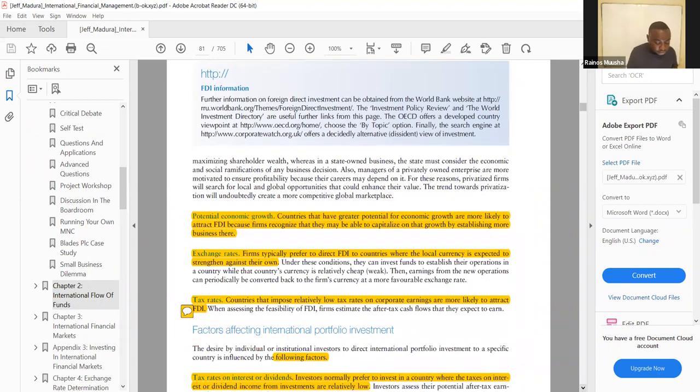Then we'll also look at potential economic growth. And here they say, countries that have greater potential for economic growth are more likely to attract foreign direct investment, because firms recognize that they may be able to capitalize on that growth by establishing more business there. That's why we see this quite a lot when it comes to developing nations.